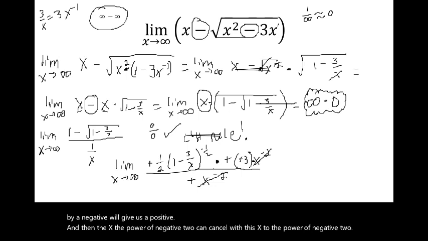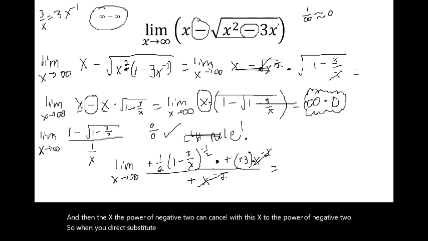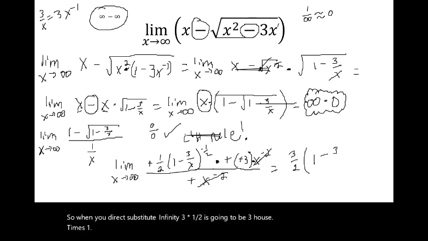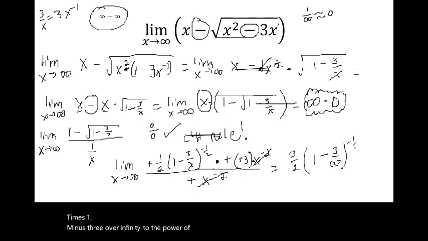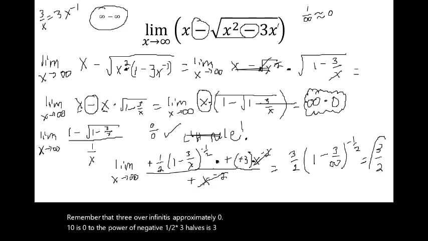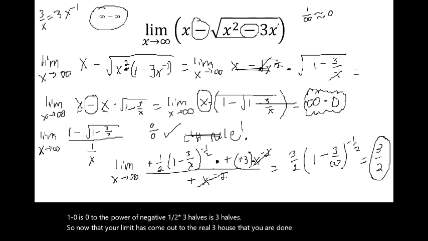So when you direct substitute infinity, 3 times 1/2 is going to be 3/2 times 1 minus 3 over infinity to the power of negative 1/2. Remember that 3 over infinity is approximately 0. 1 minus 0 is 1, to the power of negative 1/2, times 3/2 is 3/2. So now that your limit has come out to the real number 3/2, you are done and your limit is equal to 3/2.